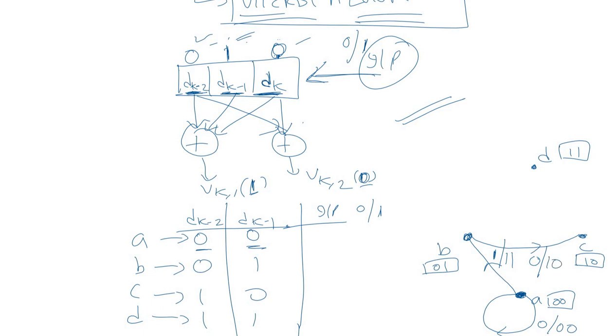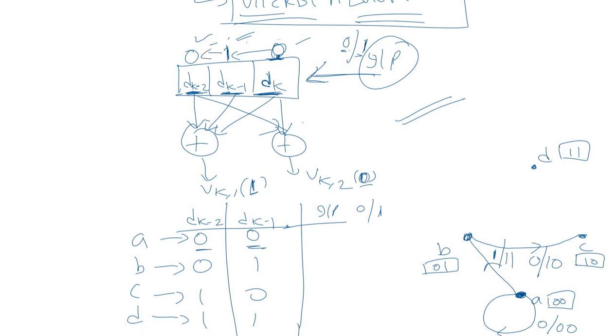Let us see how this state transition takes place. The current input was 0. Now when the next input comes, which can be either 0 or 1, this 0 will be shifted to the DK-1 shift register, and this 1 will be further shifted subsequently.